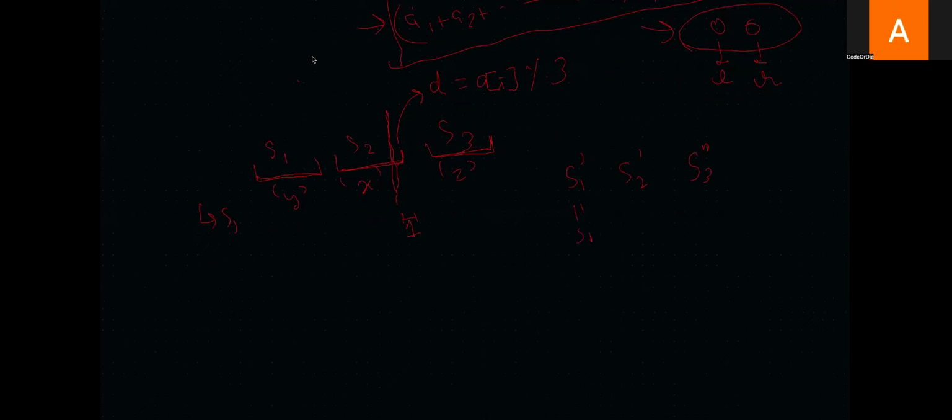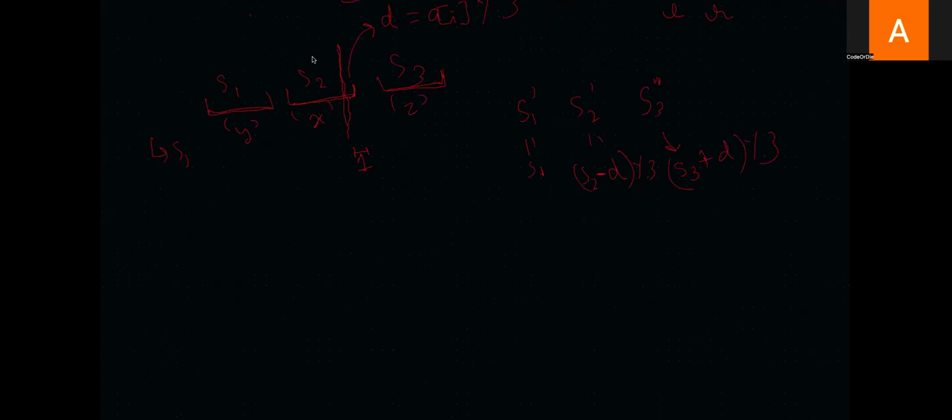This is equal to S2 minus D, and this is equal to S3 plus D, percent 3 for both. Okay. Now I'm going to prove to you that if this was a valid segment, S1, S2, S3, then this is also a valid segment. I'm going to prove it.